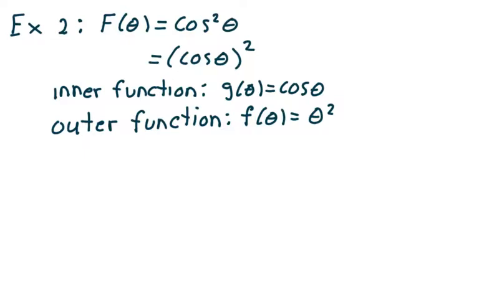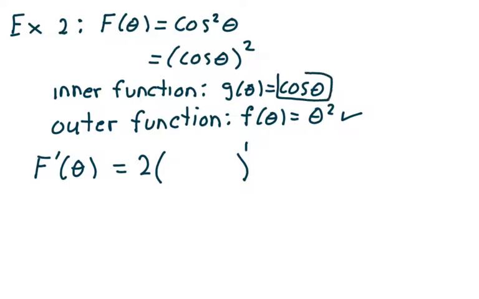Okay? And so when I want capital F prime of theta, I'm going to apply the power rule here. But remember, when I pull the 2 out in front, I'm going to multiply it by some stuff to the first power, right? And what goes inside that parentheses is the inner function, this one. So that goes here.